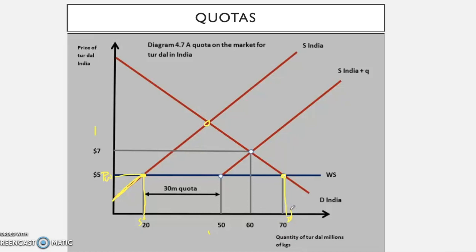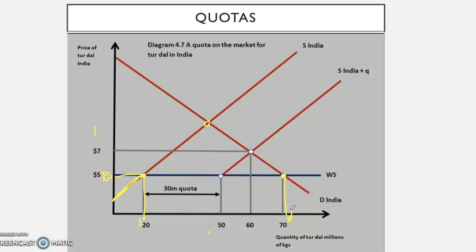Okay, so if more is being demanded than what is being supplied, then that creates a shortage. It means that the government would be required to find a way where the 50 million can be supplied, because people are asking for more. They want 70, but we can only give 20 in the domestic market.